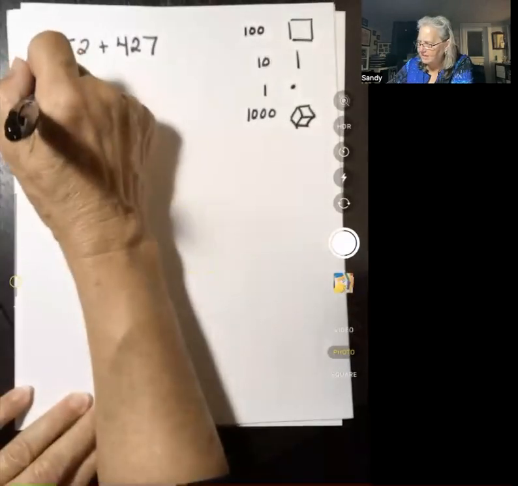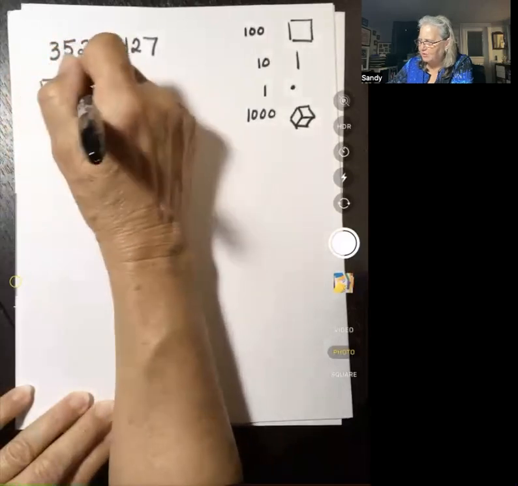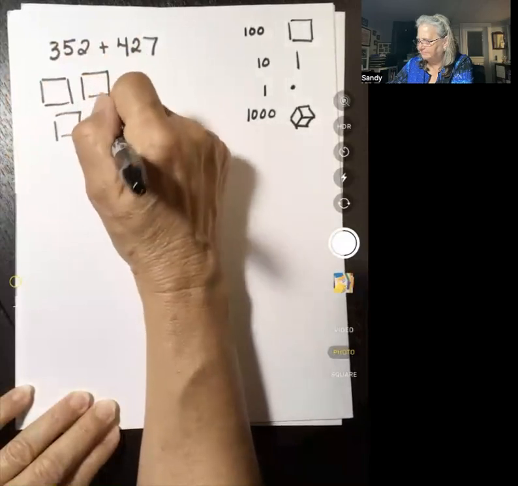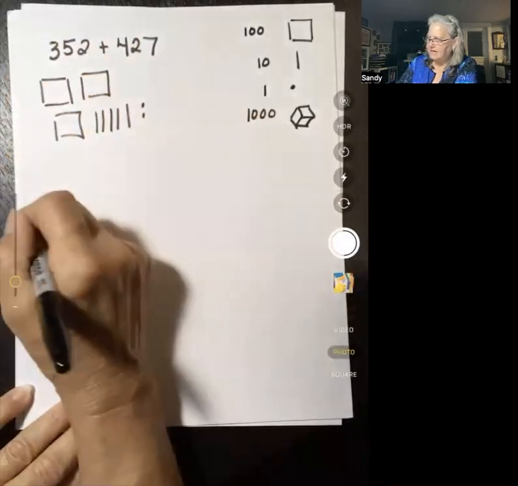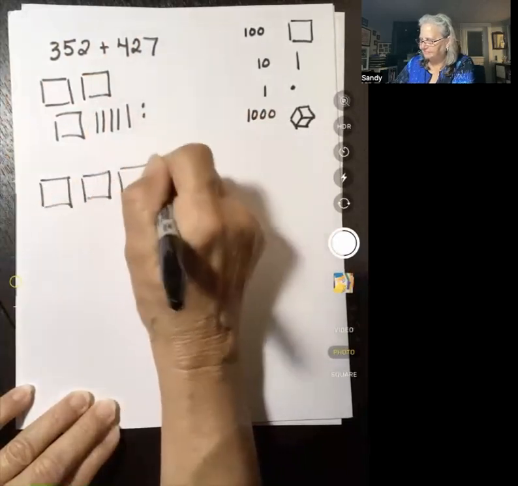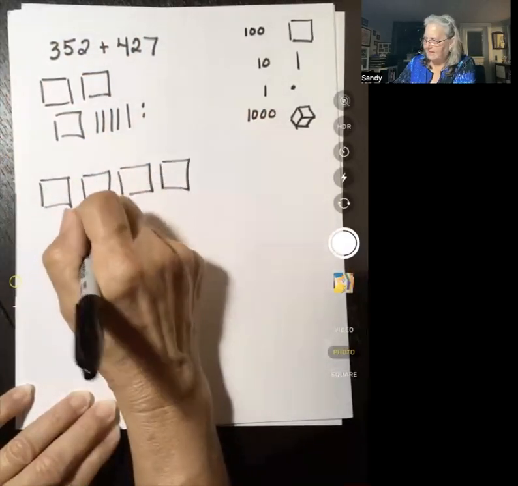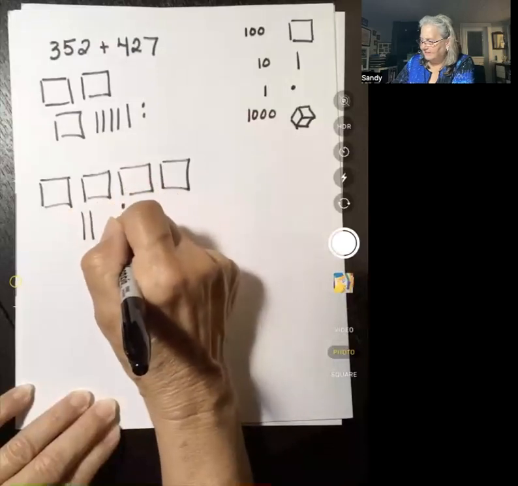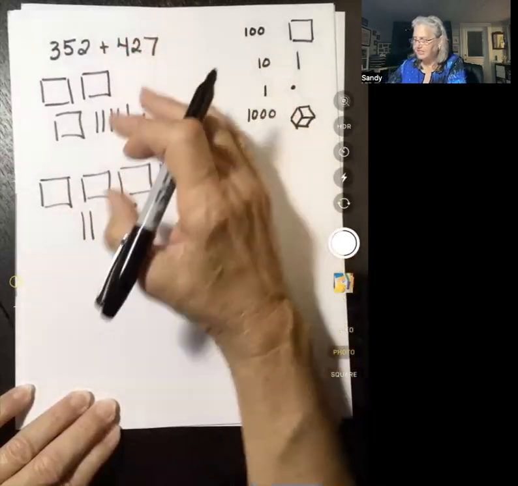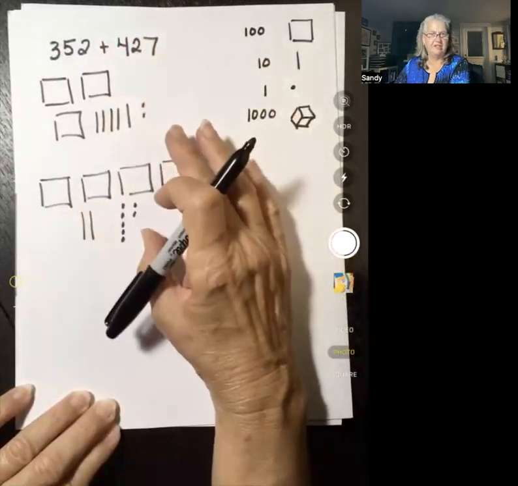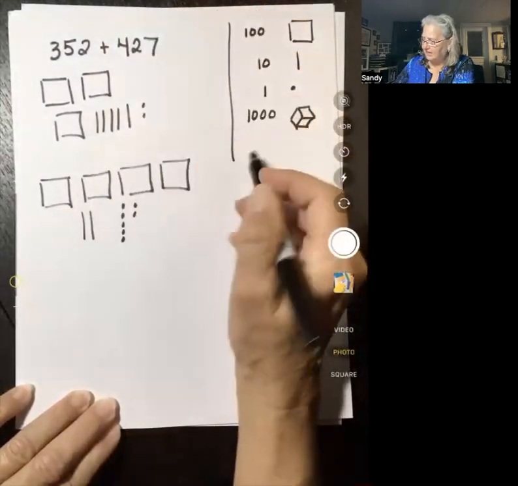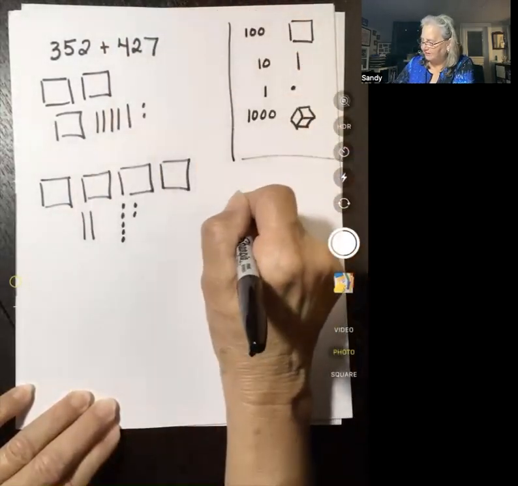It's because we want it clear to them that when you have 352 and you're combining it with 427, you have to combine hundreds with hundreds, tens with tens, and ones with ones. Now, I know when I was in school, we would have taken this and we would have written it vertically.